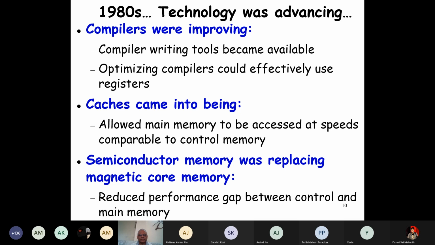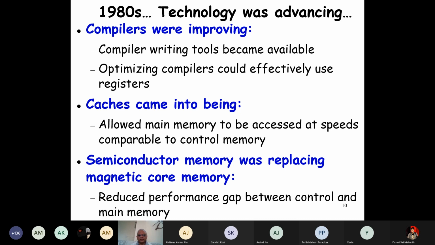Memory itself became semiconductor memory, so the access time became thousands of times faster, and the size of the memory also increased. Therefore it was not necessary to reduce the program size anymore.